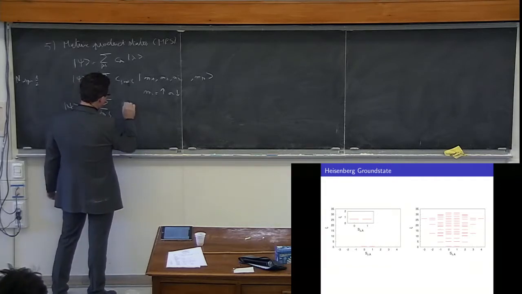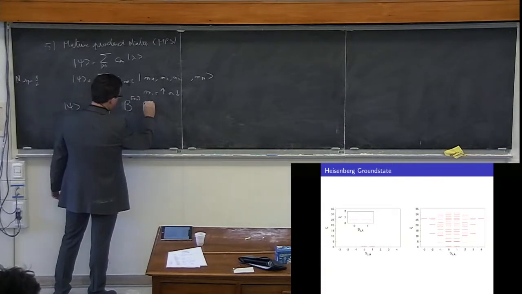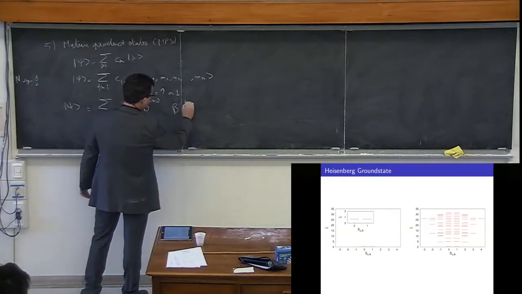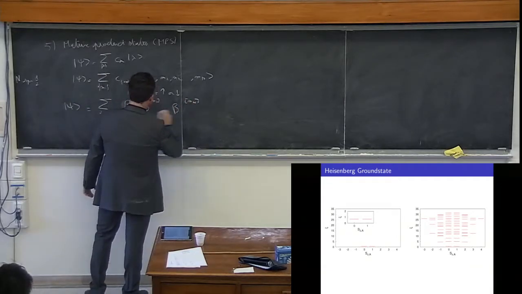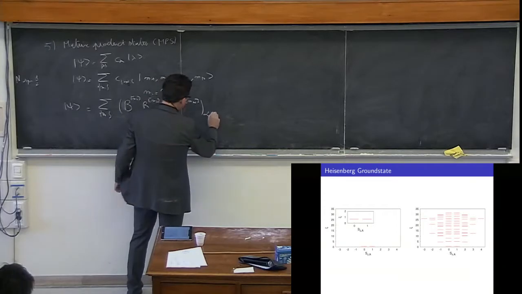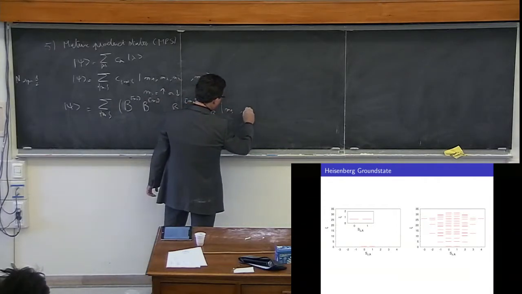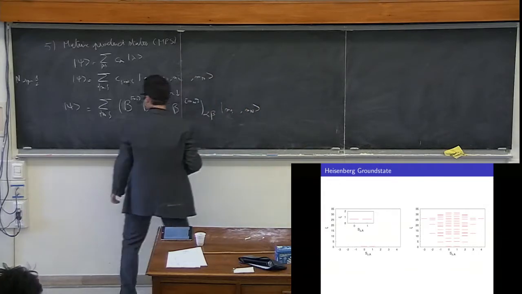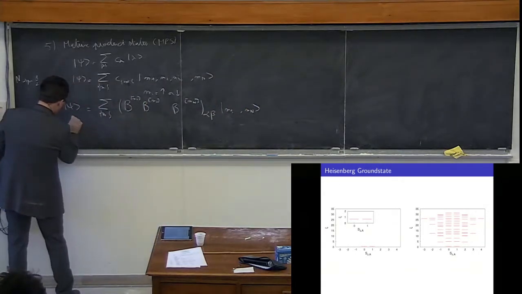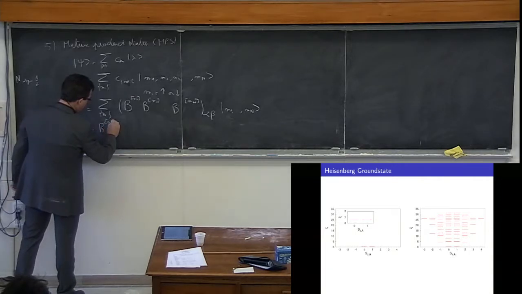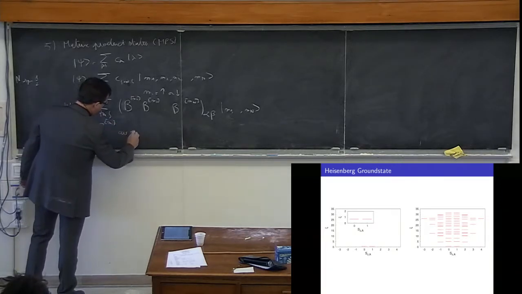You can write them as a product of matrices, B^{M1}, B^{M2}, up to B^{Mn}, with indices alpha, beta, where the B^{Mi} are matrices.